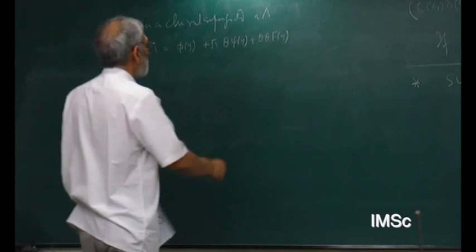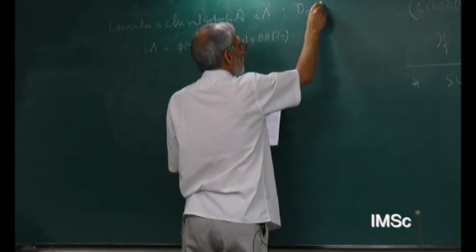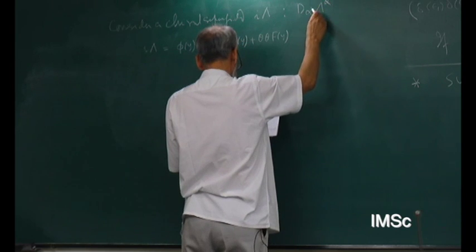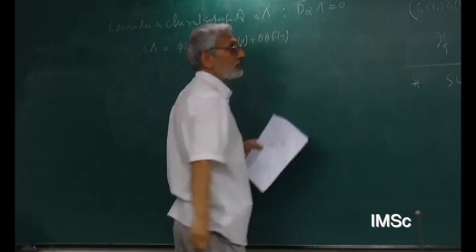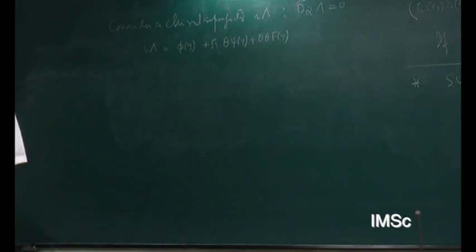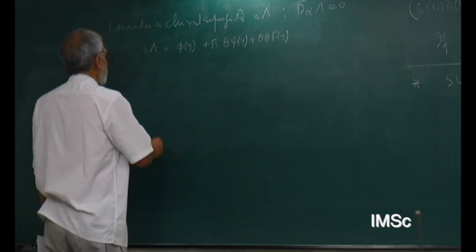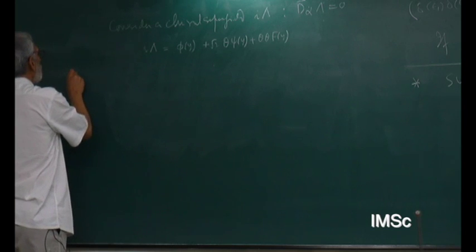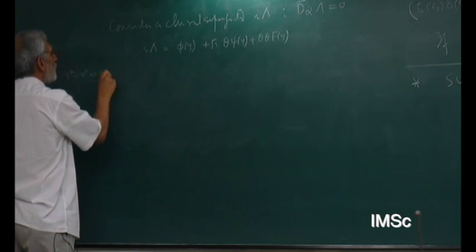Chiral superfield means D bar on lambda is 0. That was our definition of chiral superfield. And we remember y mu was x mu plus i theta sigma mu theta bar.